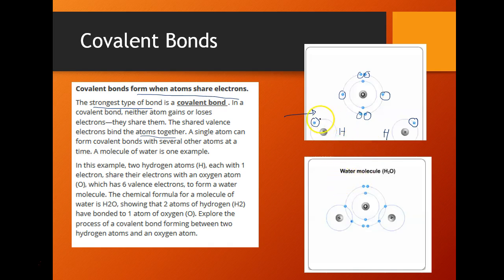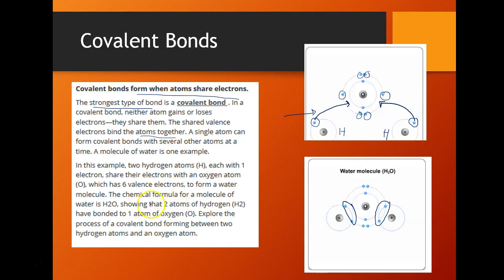So what happens is that this hydrogen valence electron will come in contact with the oxygen atom, and in the end we see a sharing of the valence electrons. Once these electrons are shared, a covalent bond is formed, and that's how we get a water molecule.